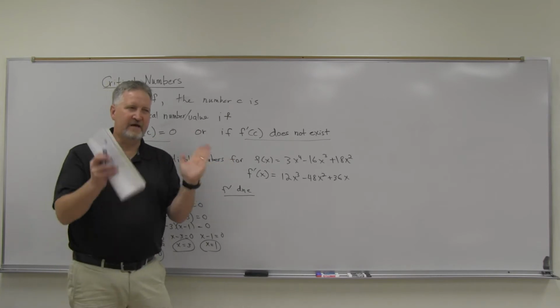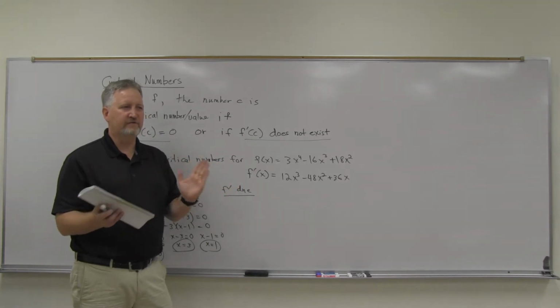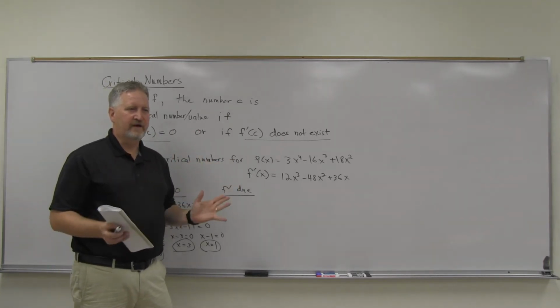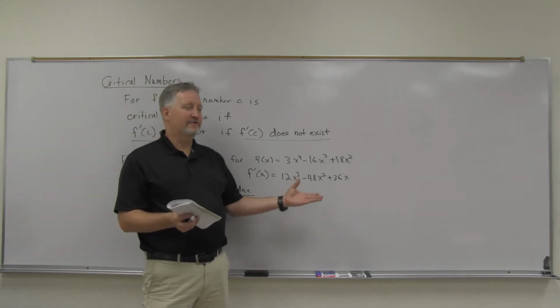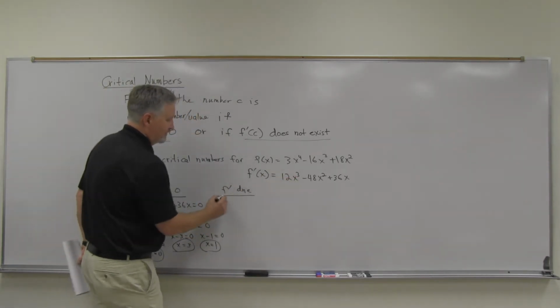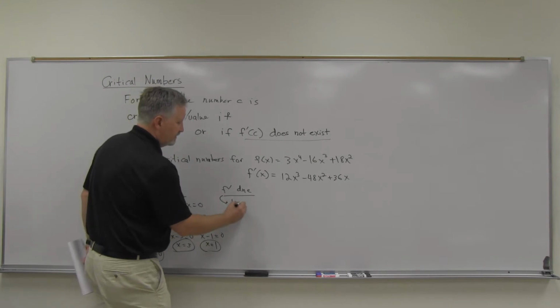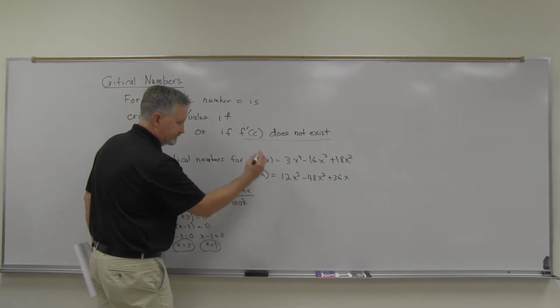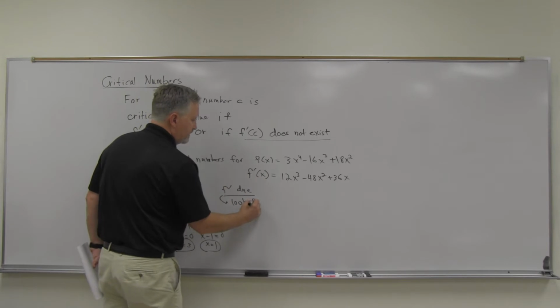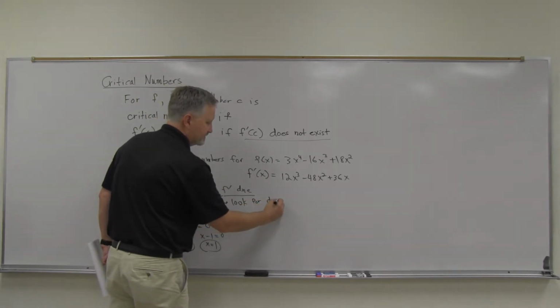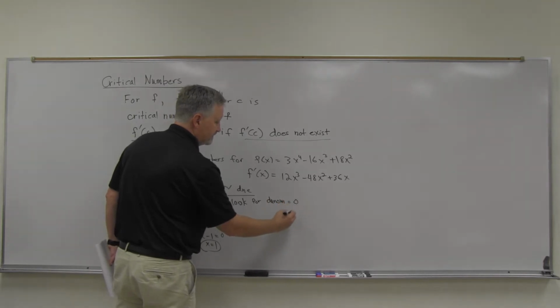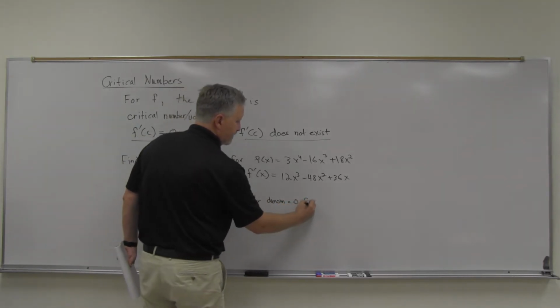Sometimes you have a corner, like an absolute value corner, but I don't think we have any of those on this assignment anyway. So mainly you're looking for corners, but denominator equals 0 is for f prime.